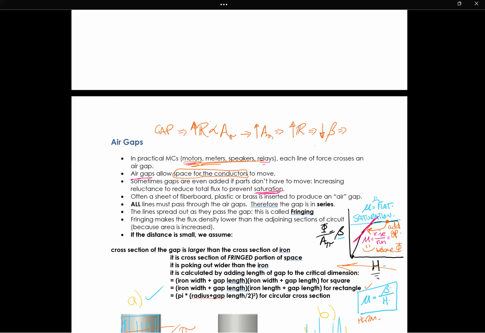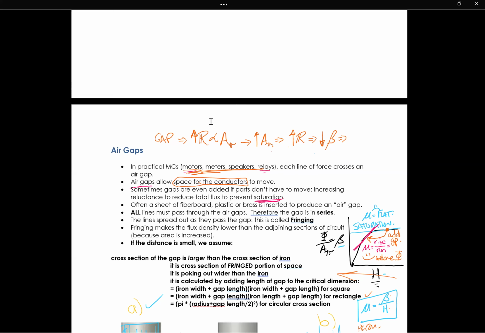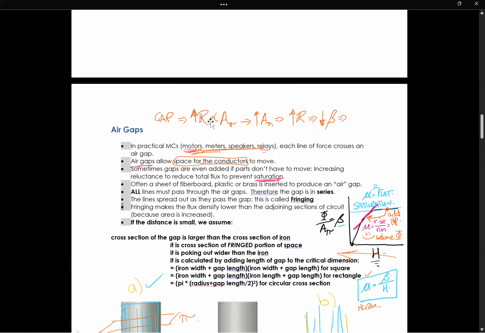So we have become more welcoming, more reluctant. Hang on a second, we're going to increase this total flux.